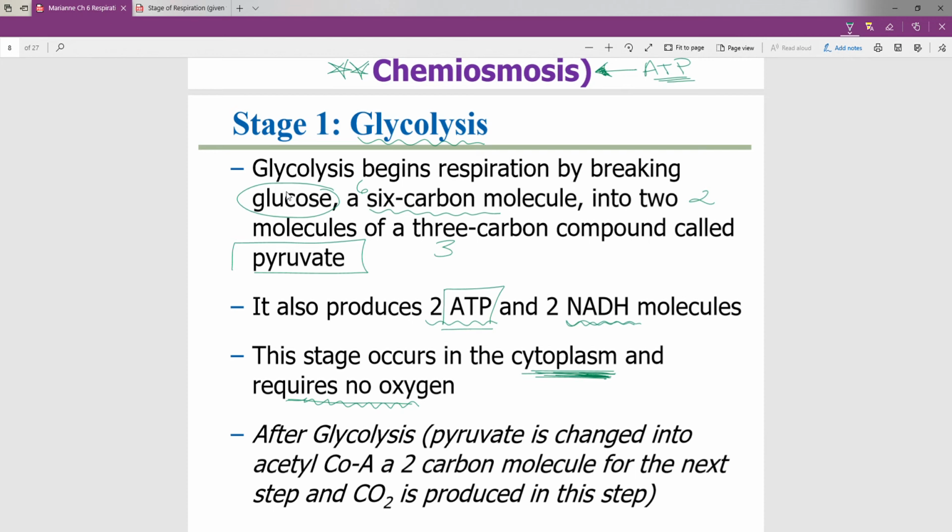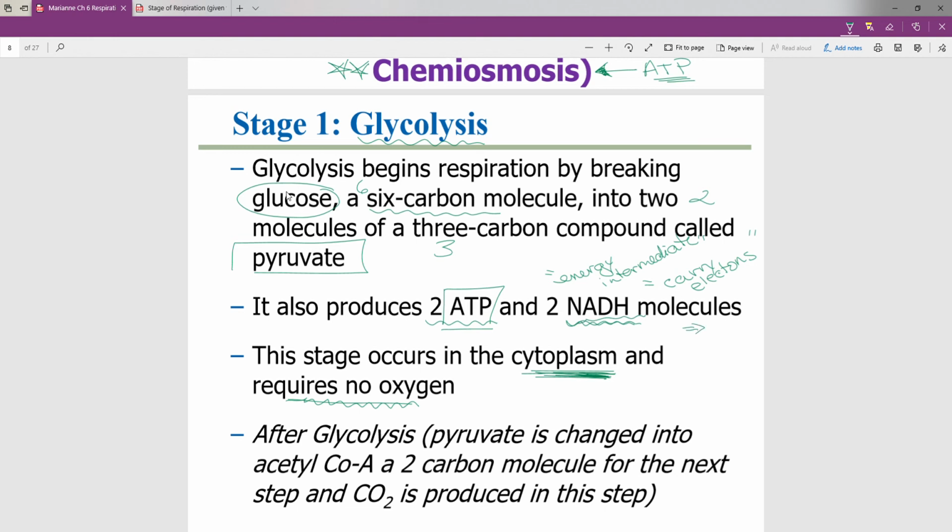But what these are, are energy intermediates. They also carry electrons. And whether you think of them as energy intermediates, so they're not ATP, but they're kind of like ATP because they are required for making a lot of ATP molecules, or you think of them as electron carriers, they're going to be used in a later stage.